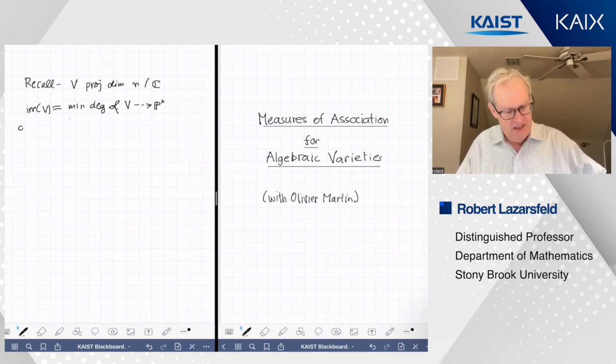We had the covering gonality of V. This was the minimum gonality of a covering family of curves.